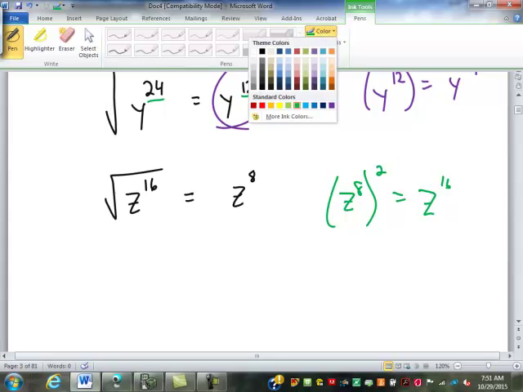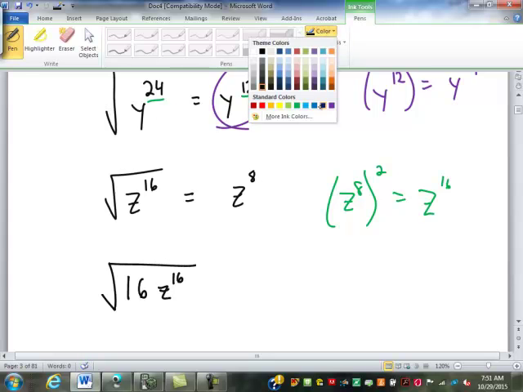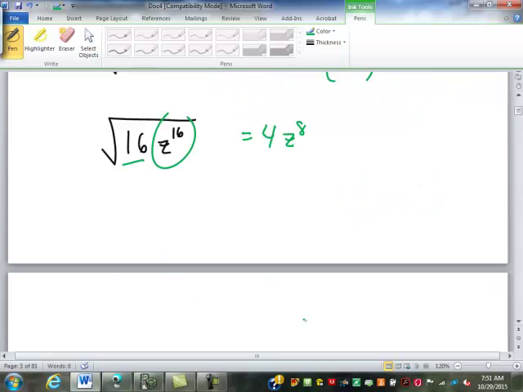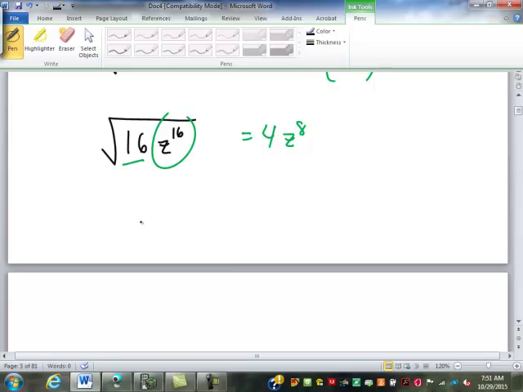See, you're confusing this. The square root of the number 16 is 4, right? The square root of z to the 16th is z to the 8th. How do we calculate that? I'm getting there, just give me a second.